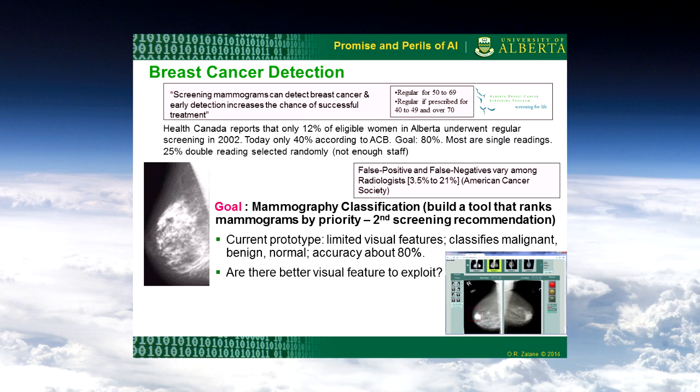They make mistakes. Okay, so it's recommended in many countries to have 2 readings per mammogram, because when you have 2 specialists looking at it, the number of errors go down. Unfortunately, we don't have enough radiologists to look at all these images twice.